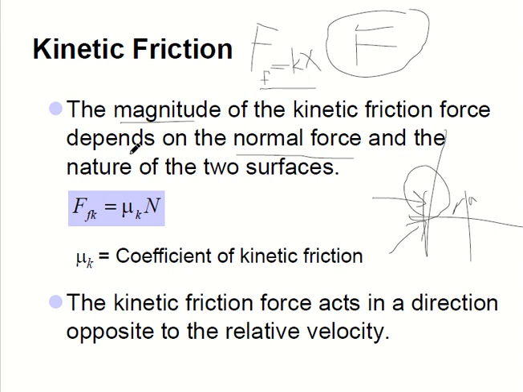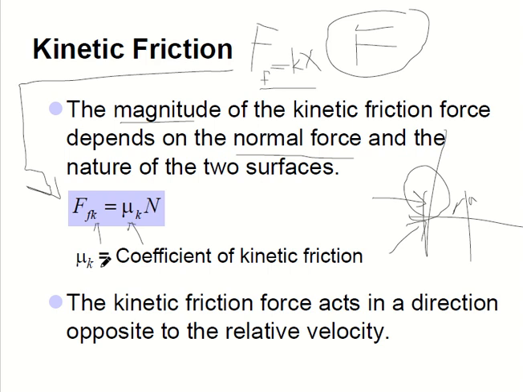So now we are going to write it in a little bit better way. You have your F, the friction force, and then I am going to put a little k, which is the same thing, and the constant is now called mu k, and then of course your N, which is represented by the normal force.